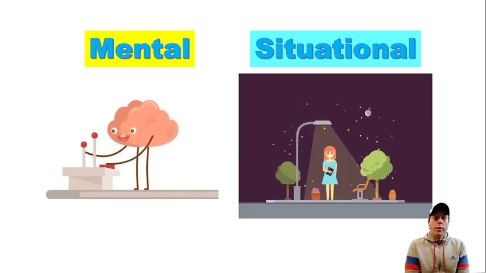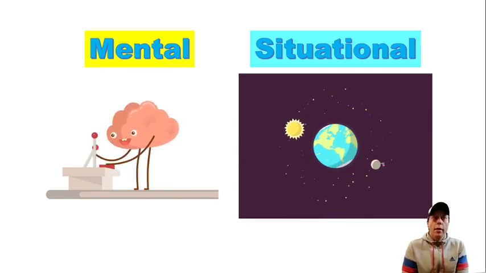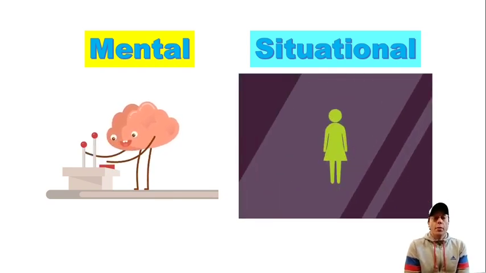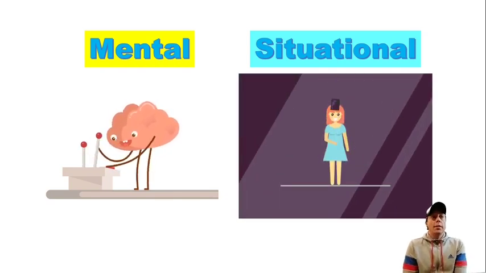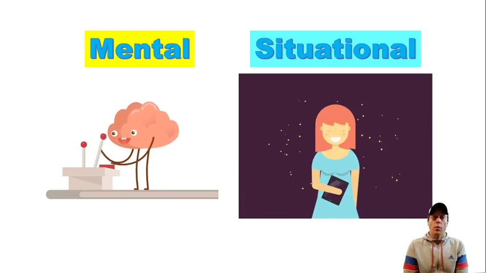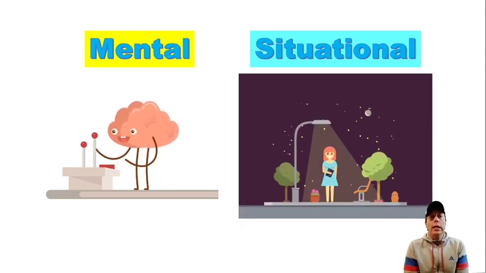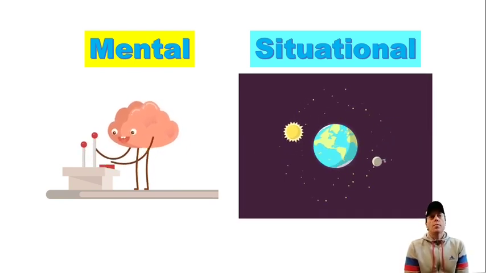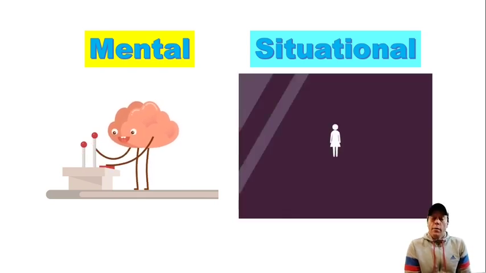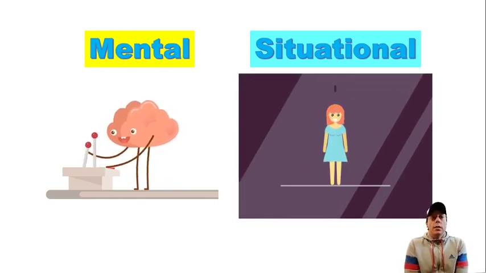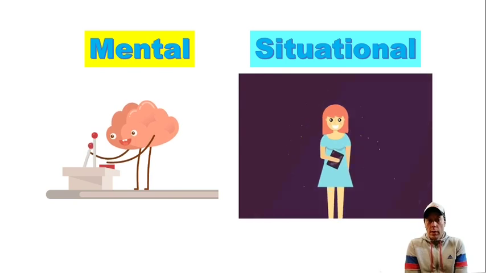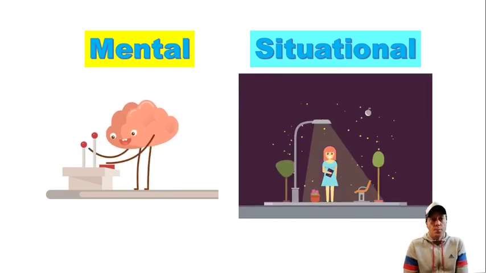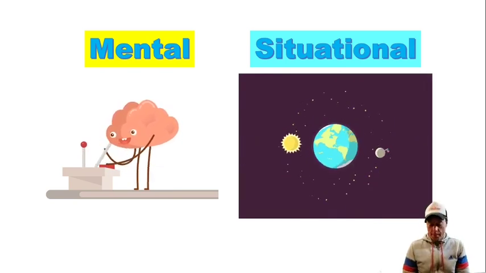But before we do that, we need to make sure that we understand that verbs can be categorized into two places. On the left you've got the mental category, and on the right you've got situational. So language and verbs can be categorized in these two ways, either mental language or situational. So what does that mean?